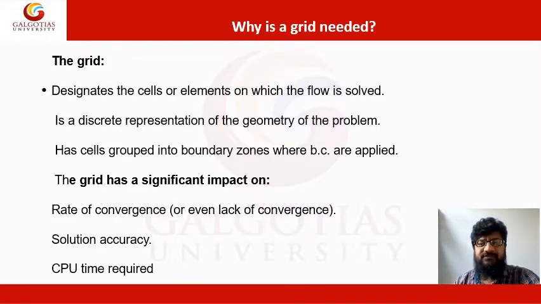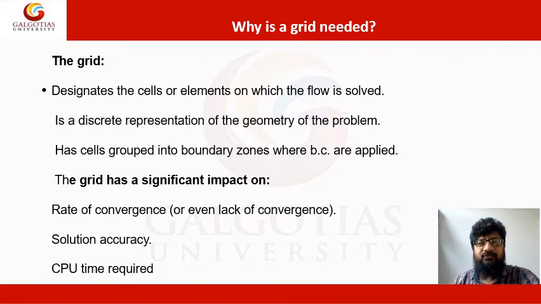So the first question arises, why do we need a grid? Because the approximate governing equations of fluid mechanics are algebraic and discretized, and so they give the solution at only discrete points.